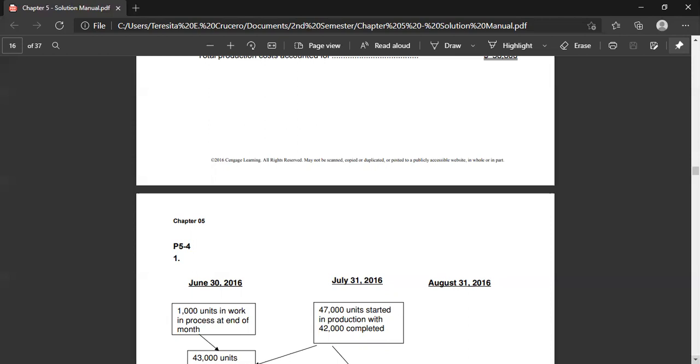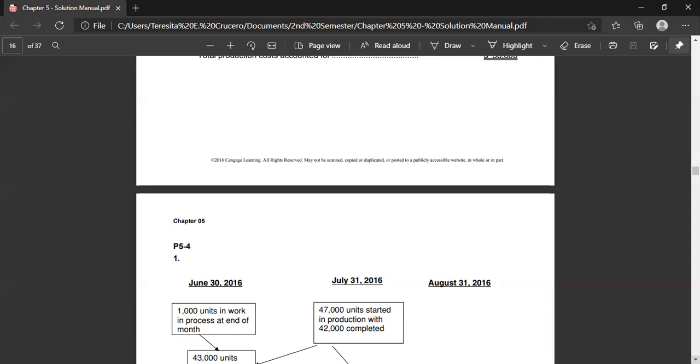And then the number of units completed is 43,000, because the 42,000, you have to add the beginning inventory. So in the units, two-thirds complete at the end of July. In other words, we have to add the beginning inventory, add the units just started, and then we deduct completed. The difference is the work in process inventory at the end.